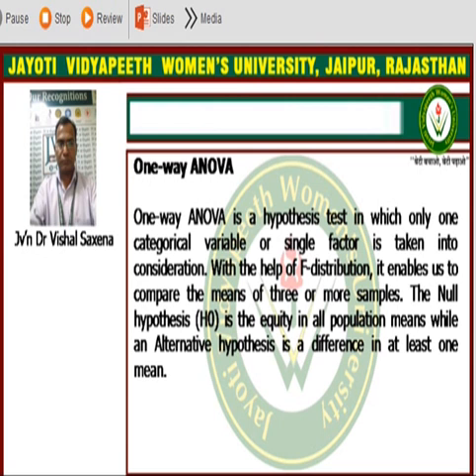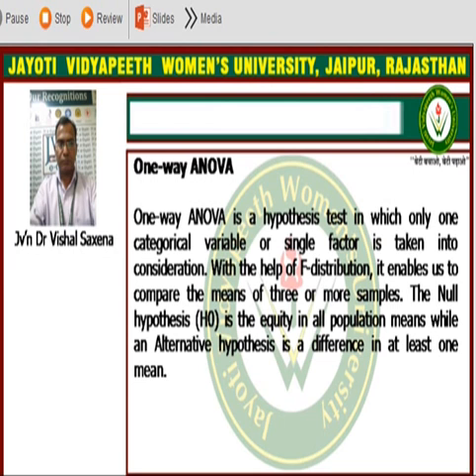But right now in one-way ANOVA, we are seeing one categorical variable or single factor, and its effect on the dependent variable will be analyzed with the help of the F distribution.